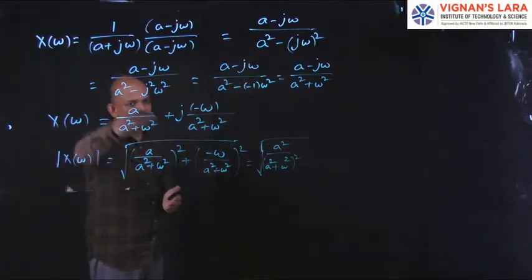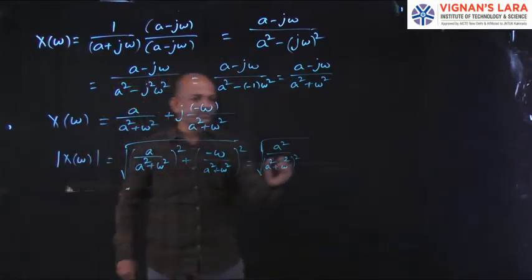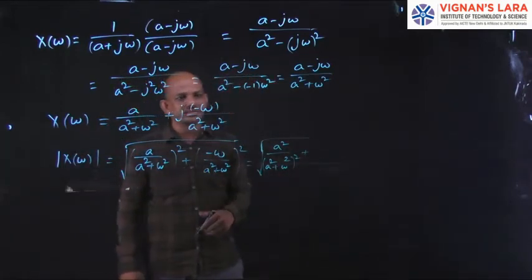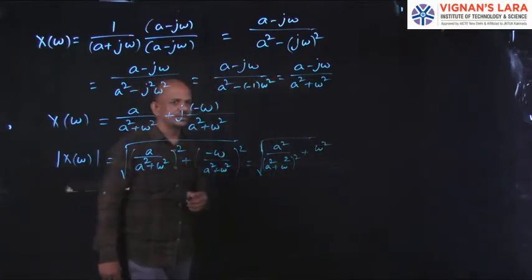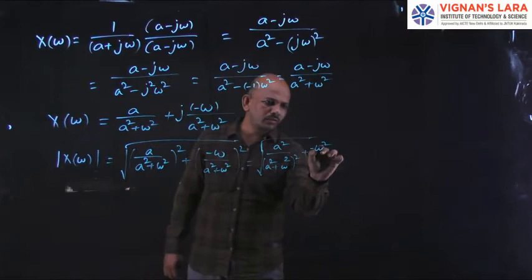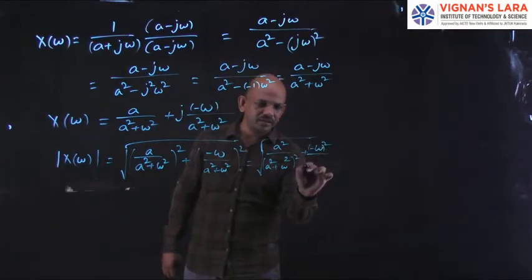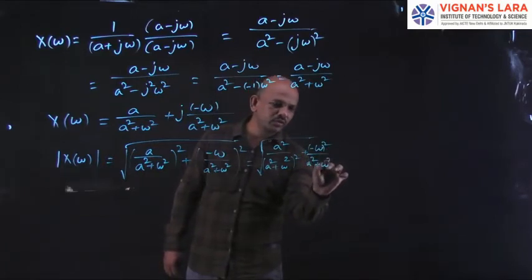So I put a square to the numerator and the denominator separately, plus minus omega square, nothing but omega square. Omega square and minus omega square both are same. Okay, so minus omega square by a square plus omega square.